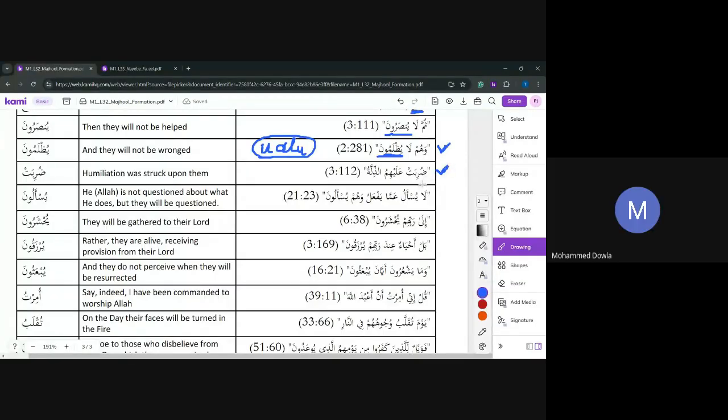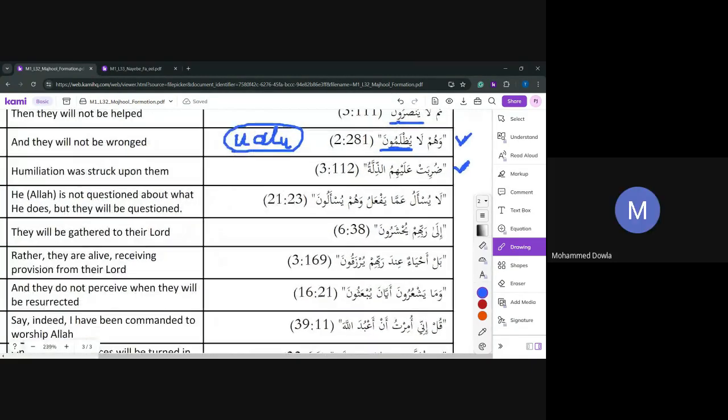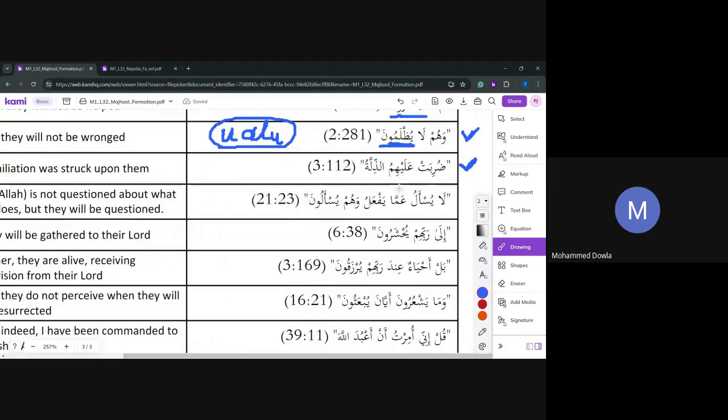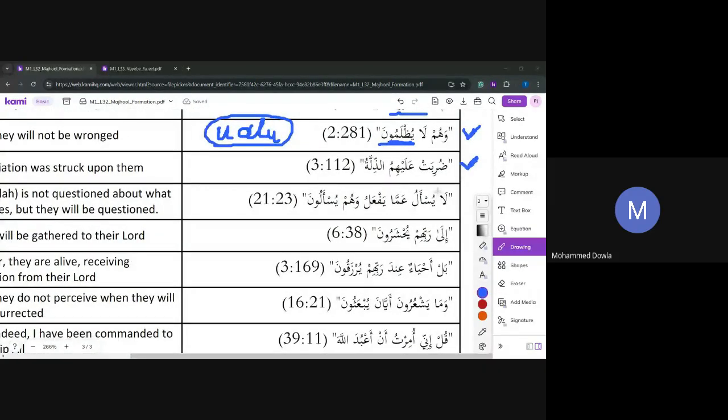Duribat alayhimuz zillah. Alayhimuz zillatu. Okay, Duribat is the Madi Majhool and the hiya is here, the Naib Fa'il. Duribat. It is number 4 Siga, no? So hiya is inside.